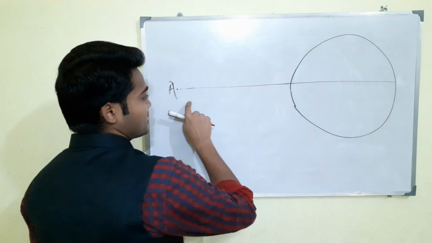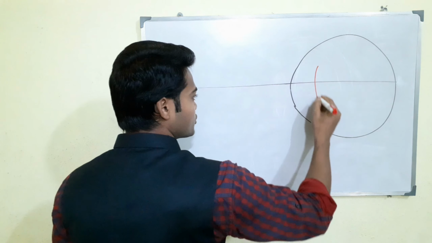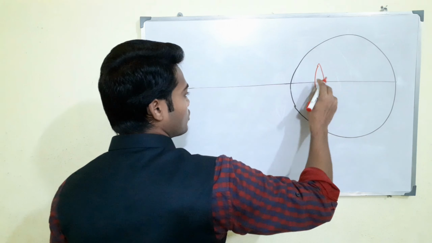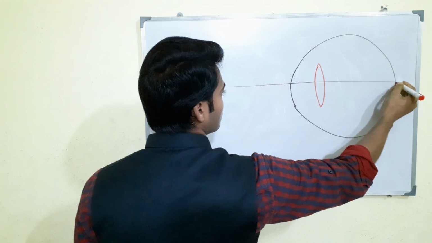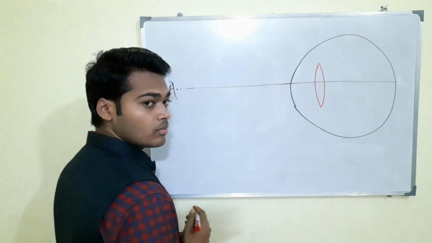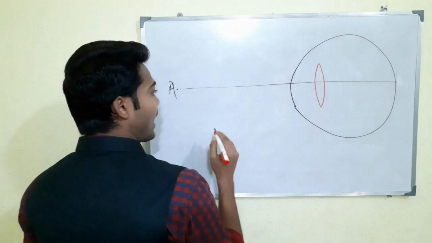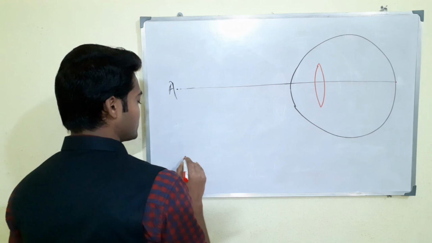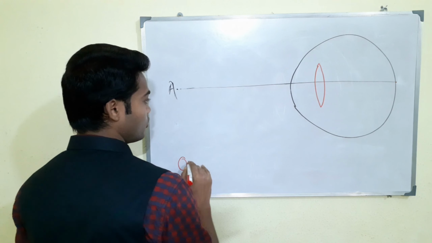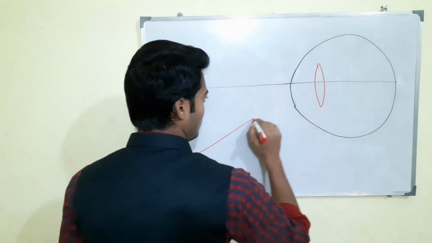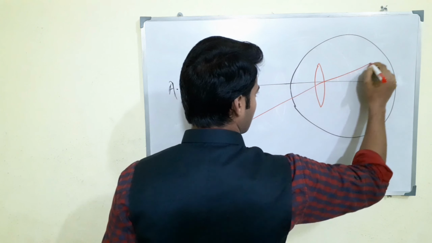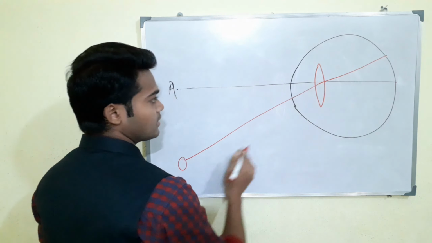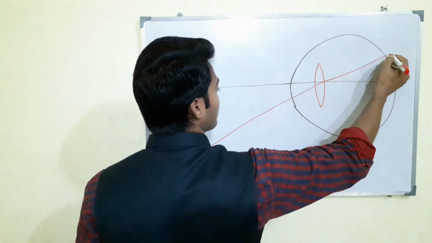Suppose this optical axis passes through the center of the eye, crossing through the nodal point and lens, and reaches the central point of the eyeball. The second one is the fixation point. Suppose I call it O. When O crosses through the nodal point, it forms a point situated here.